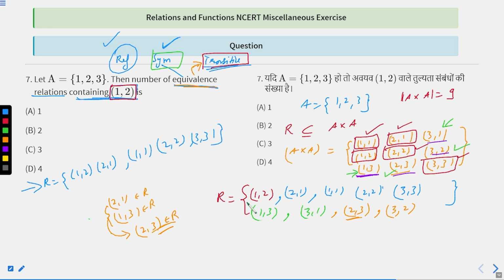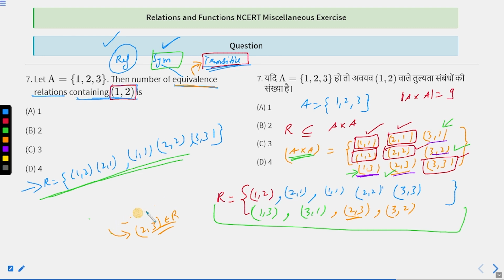Now I have used this element also. So now this is my equivalence relation, and I have no other elements that I can use, because every element in this set I have used. So the relation here is also an equivalence, and the relation over here is also an equivalence.